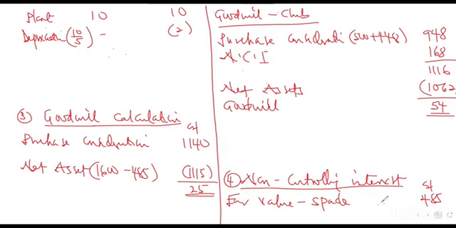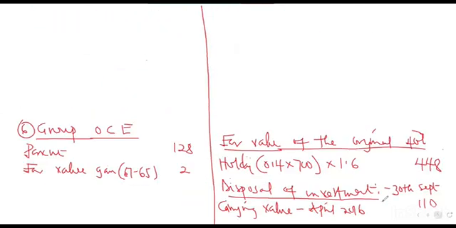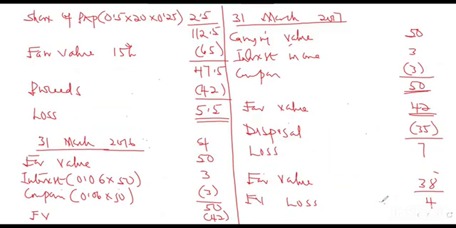Okay, the question is, if there was no disposal, the bond should be fair valued again. So the bond should be fair valued to their actual fair value at the reporting date, which is 38 million. So from 42 to 38 million, there will be a fair value loss of 4 million.